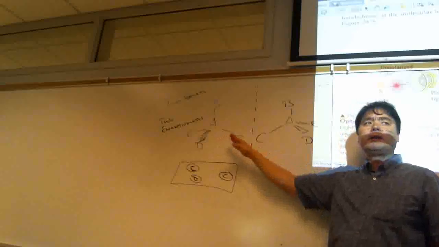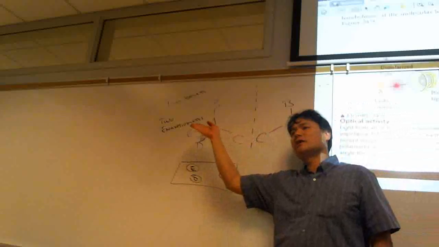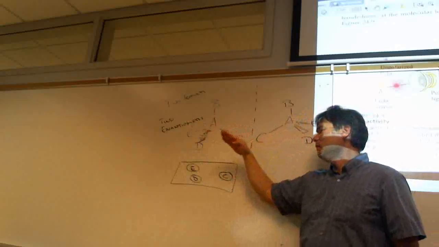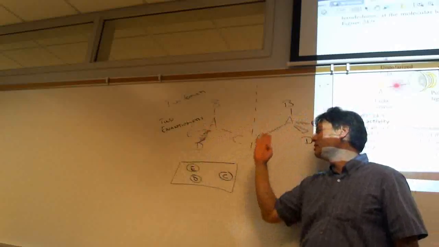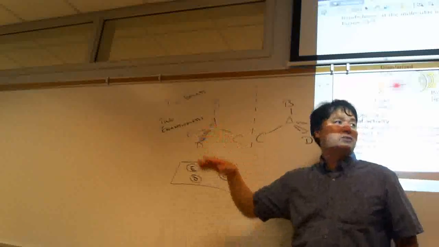Whereas in the other isomer, the D is on the opposite side. And so in this isomer, the light gets rotated this way because it starts to interact with these electrons. In the other isomer, the electrons are on the opposite end, so the light is going to be twisted this way and interact with the electrons and bond this way.